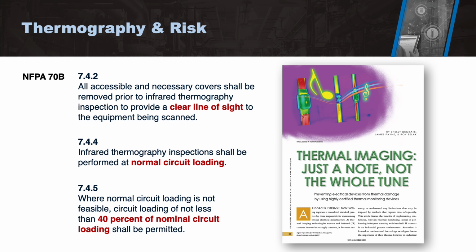So in Chapter 7, for example, it really talks about the line of sight, and the normal circuit loading is when you have to do your thermography, or at least at 40% of nominal circuit loading. So you can see how there is a level of risk associated with the thermographers that have to do this if they are having to open up equipment with being exposed to the energized components.